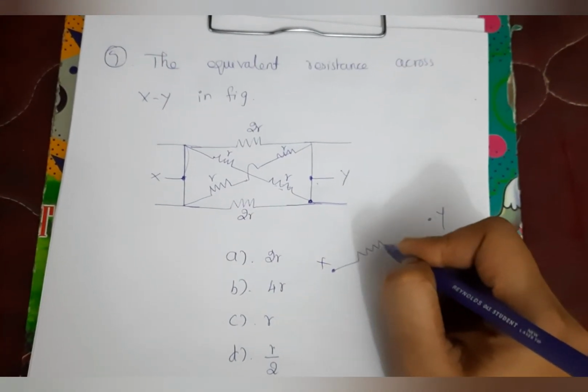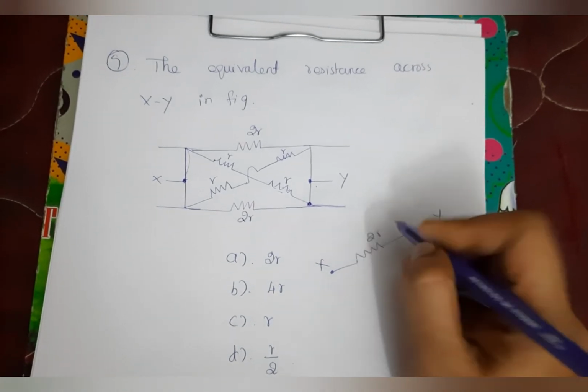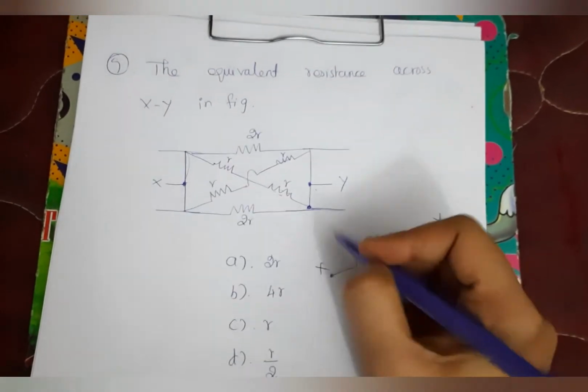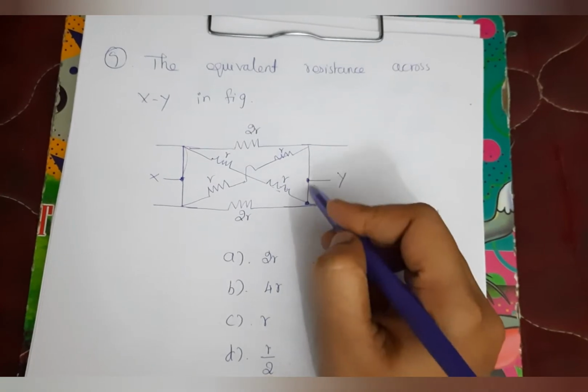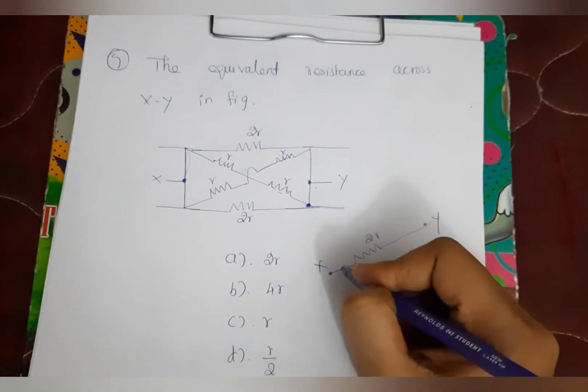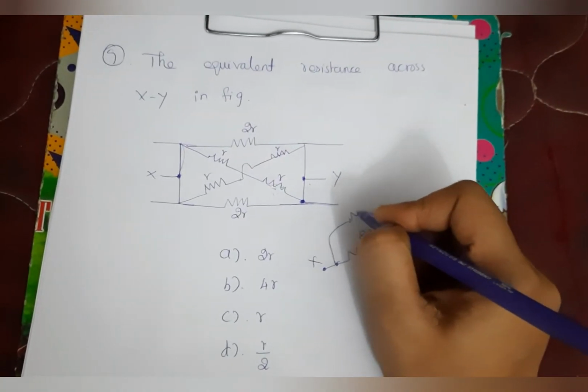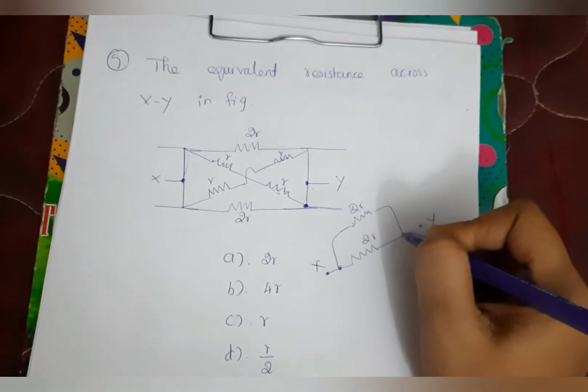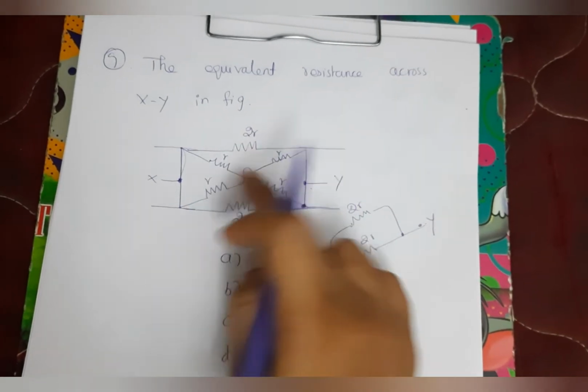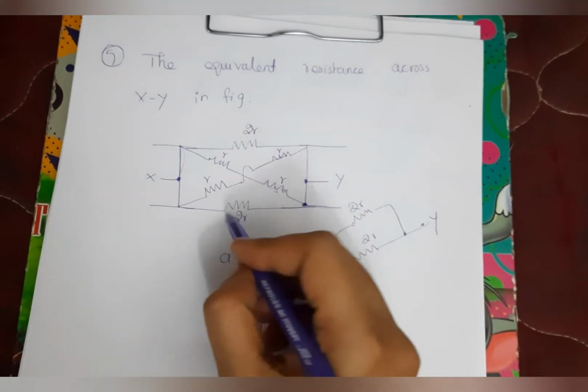So this one is 2R. Then this point is taken from here and connected to Y. So again this R and R series connection becomes 2R. So we can redraw this as this.